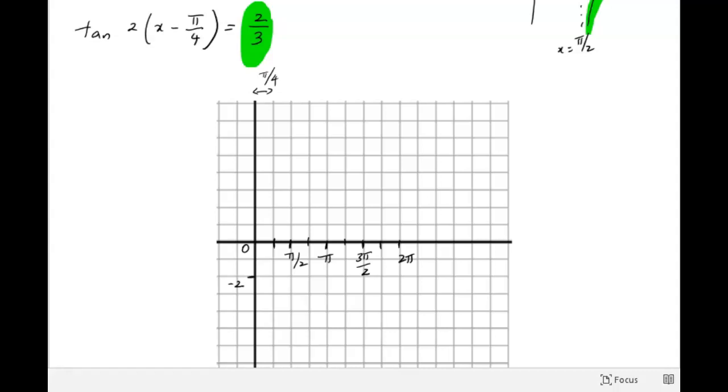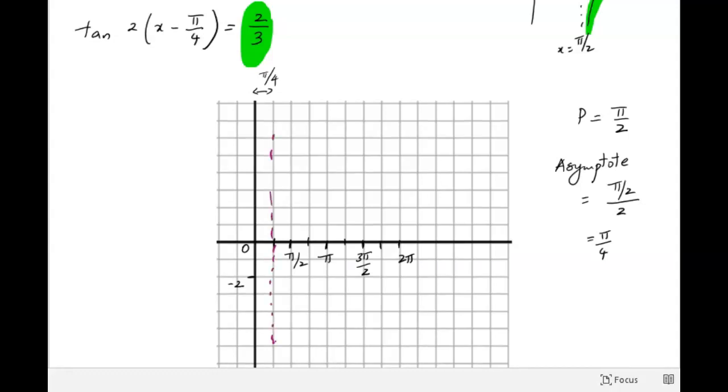Now the period is pi on 2. The asymptote is basically halfway in the period. So if I divide that by 2, I'm going to have pi on 2 divided by 2, which is going to leave me with pi on 4. So if I decide to sketch this function without my horizontal shift, I'm going to have my vertical asymptotes at these particular values here.